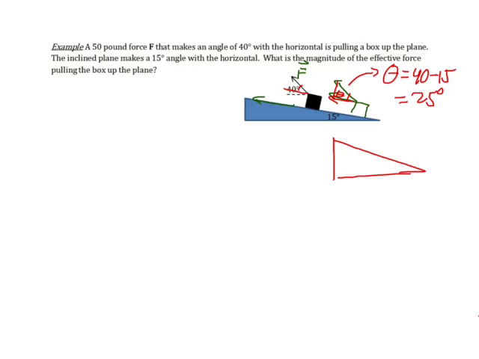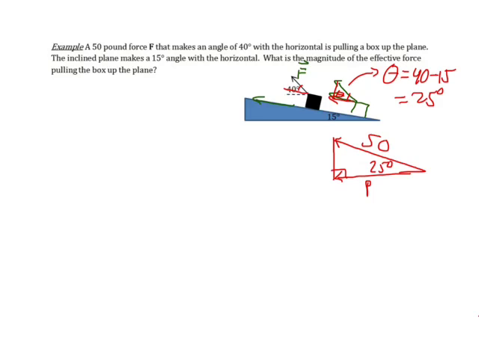We've got our theta, which is 25 degrees, and I've kind of flattened this triangle out so we can see it better. And we know that this force vector F is 50 pounds. Remember, the length of the vector is the magnitude, and vice versa. We want to find out this, we'll call it P. That's our projection vector.